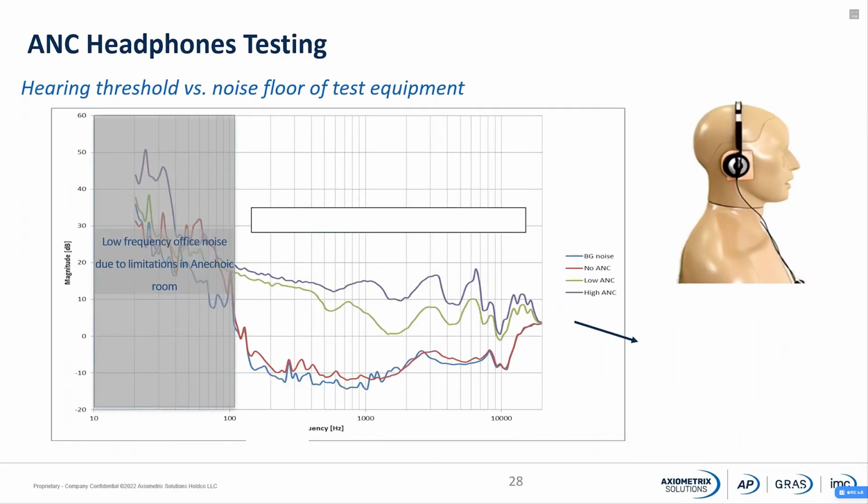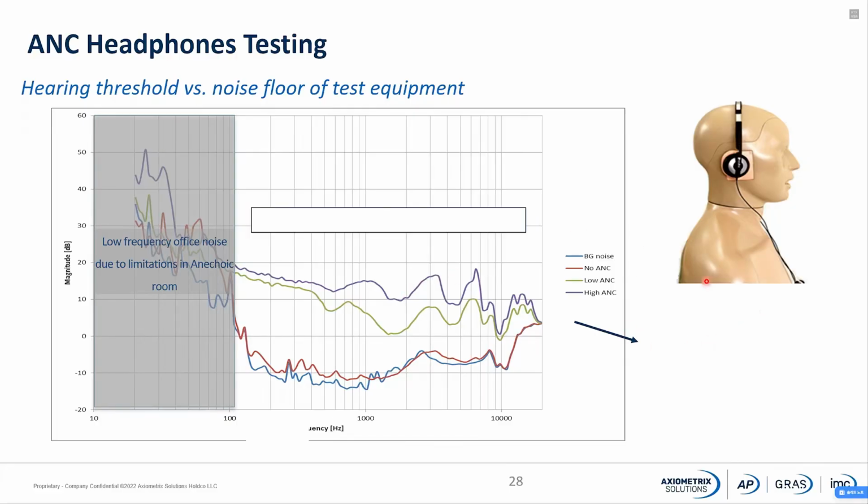And here we have an example of that. We are placing a KEMAR head and torso simulator inside an anechoic chamber with a very low noise floor. We're going to measure the background noise, the blue curve over here, of the test chamber. Then we mount the DUT on the test fixture and perform another measurement. After that, we turn on the ANC functionality of this headset. This headset in particular has 2 levels of ANC, and you can see the noise that is introduced in the measurement when we just turn on the ANC.